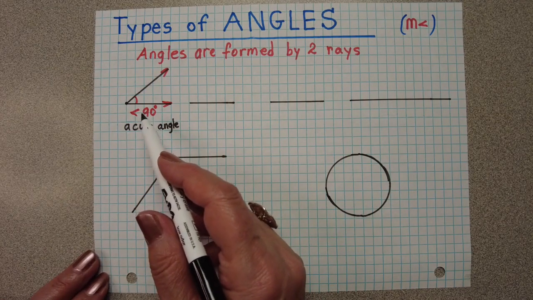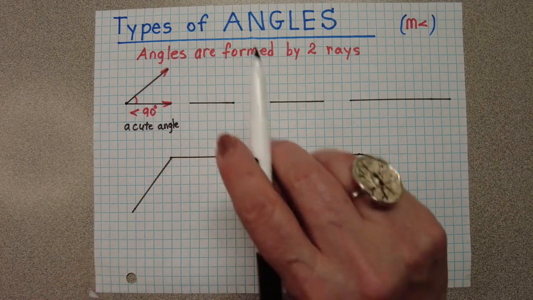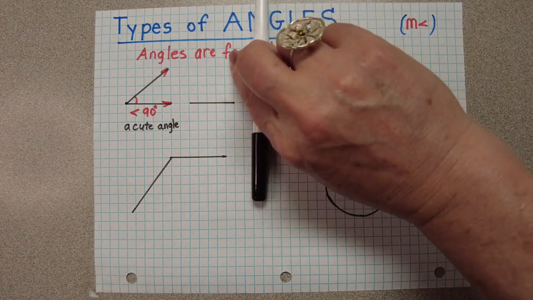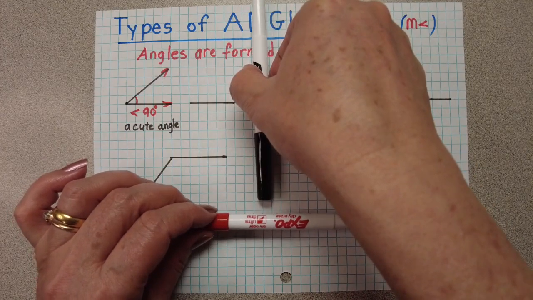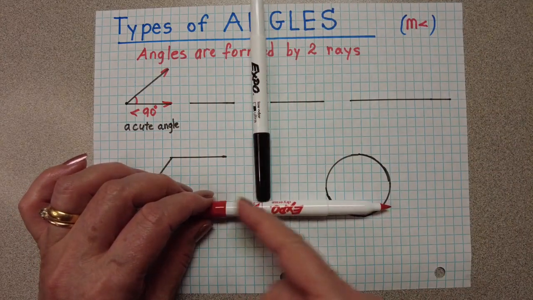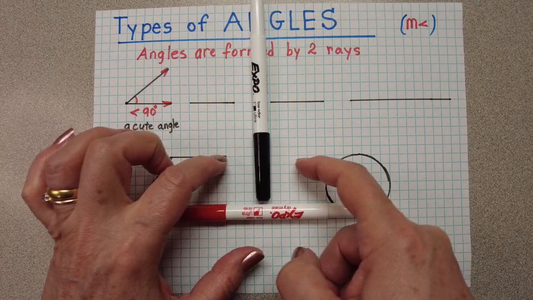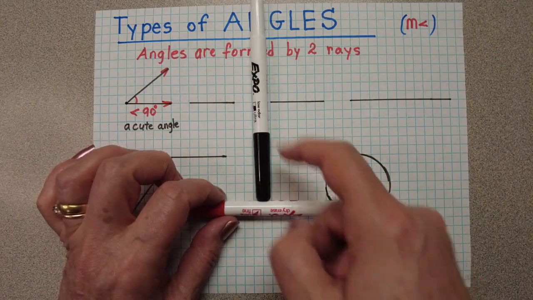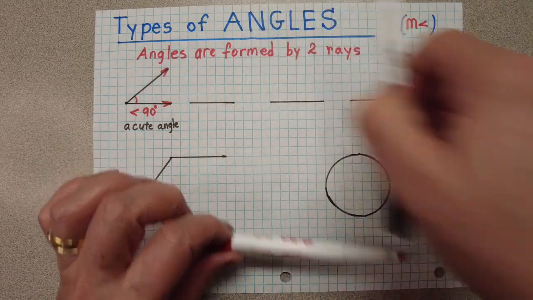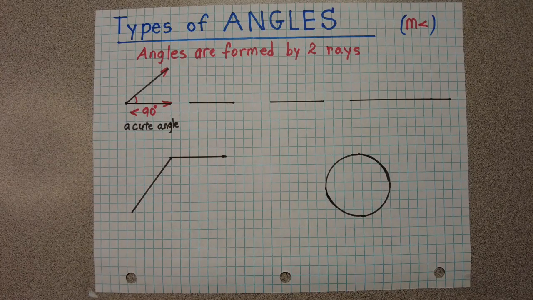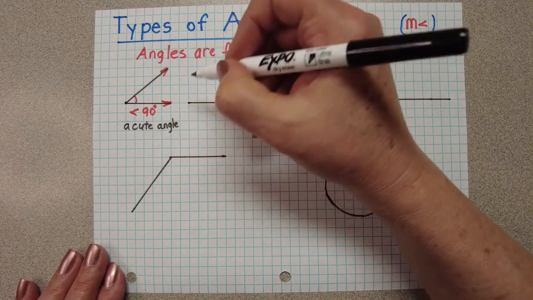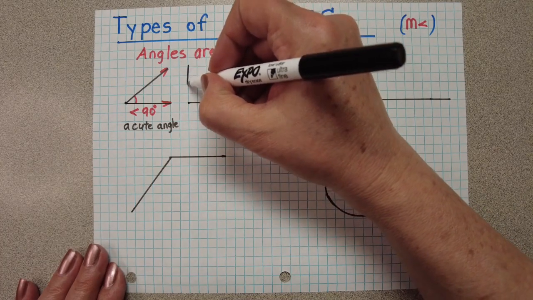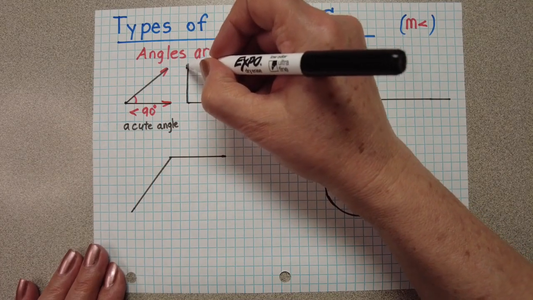What is 90 degrees? 90 degrees is when we have two straight lines, one line this way, the other this way, and they are perpendicular. They make exactly 90 degrees. Perpendicular lines make 90 degrees. In this case, our vertex is here. We're going to make this line exactly perpendicular.